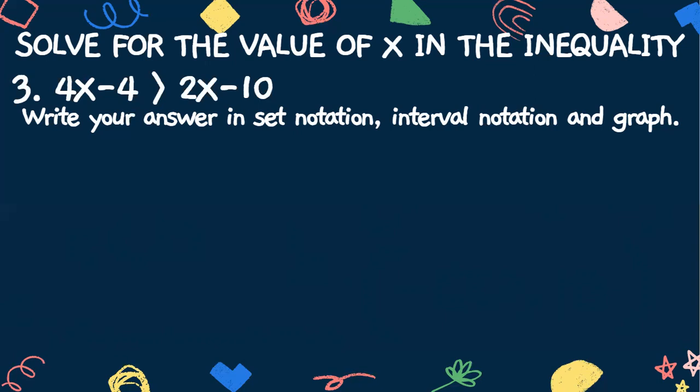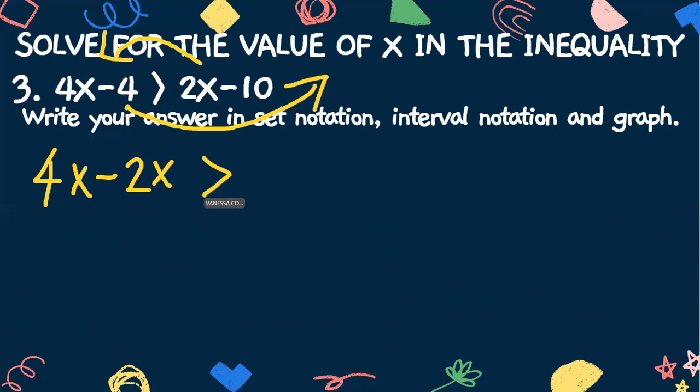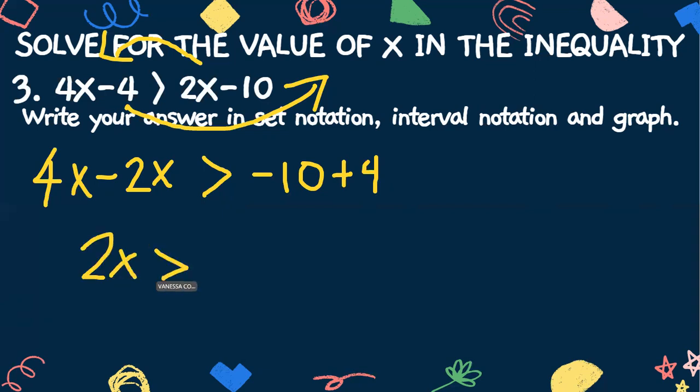We transpose 2x to this side, and negative 4 we move to the other side. So 2x becomes negative 2x, greater than negative 10 as is. And negative 4, when moved, becomes positive 4. Then 4x minus 2x, that is 2x, greater than negative 10 plus 4.